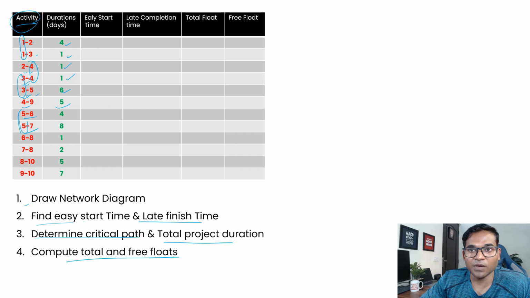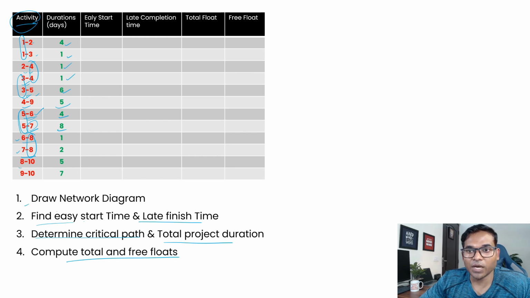It means 5 is a node from where 2 arcs go out, and one of the durations will be 4, another one is 8. If you go for 6 to 8 and 7 to 8, here again 8 is common. It means 8 is a converging point for activities 6 and 7, right?